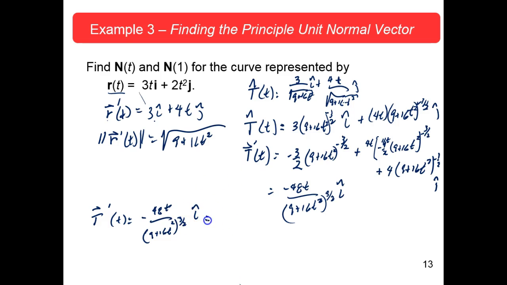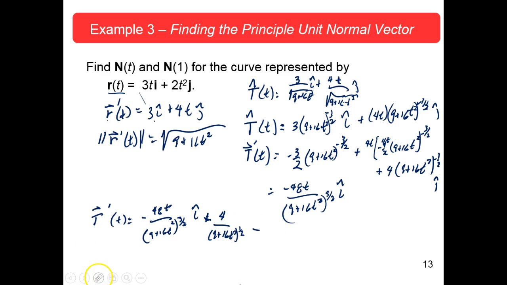Now let's see if we can congregate our j term the same way too. I'm going to lead off with the first one. This is going to be a 4 over the square root of 9 plus 16t squared, that's to the minus 1/2, minus 4t. Let me combine those together.